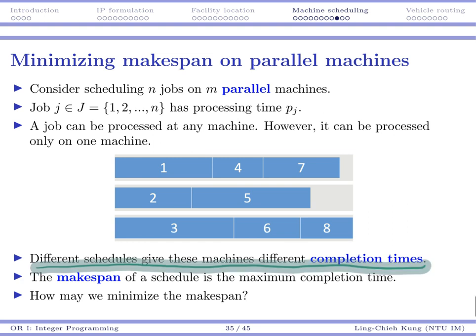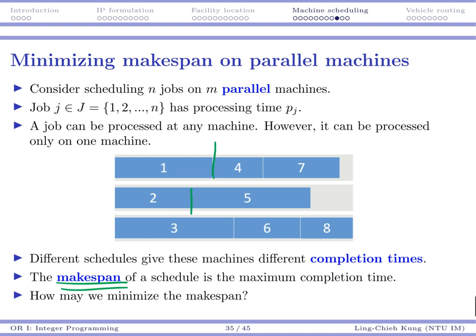And now what we want to do is to minimize Makespan. There are two definitions for Makespan. Either you count the completion time for all the jobs and find the one that has the latest completion time. Or for each machine, you count the completion time and find the last one.